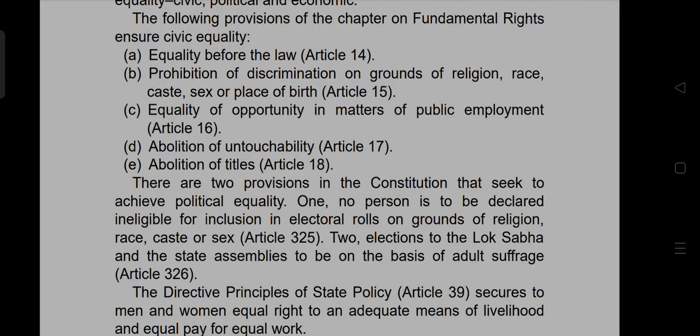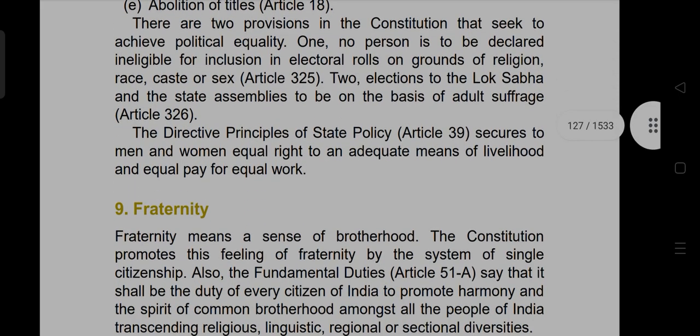And two, elections to the Lok Sabha and the state assemblies to be on the basis of adult franchise, Article 326. The Directive Principles of State Policy, Article 39, secures to men and women equal right to an adequate means of livelihood and equal pay for equal work.